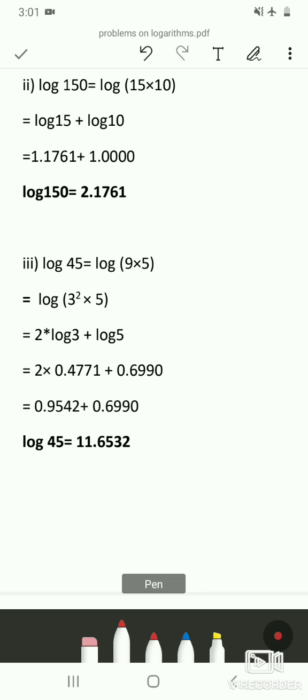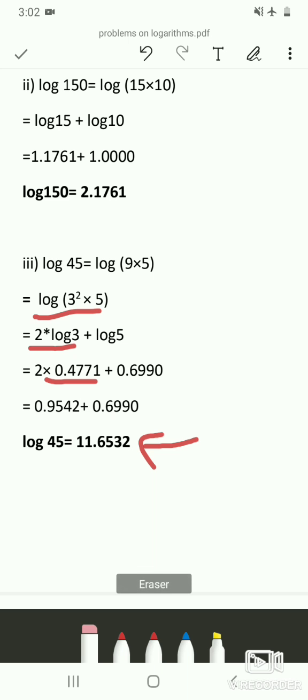So again using the first law we can write this term as log of m plus log of n, and here this term we have used the third law. So we have got 2 into log 3 plus log 5. So we know the log 3 value, substitute and then simplify. So log 45 is 1.6532.